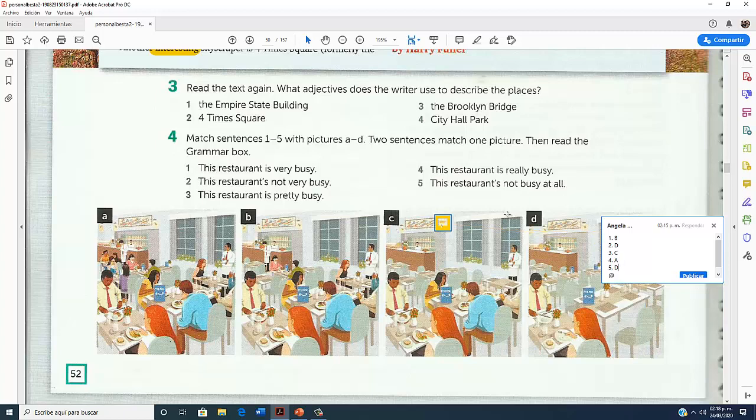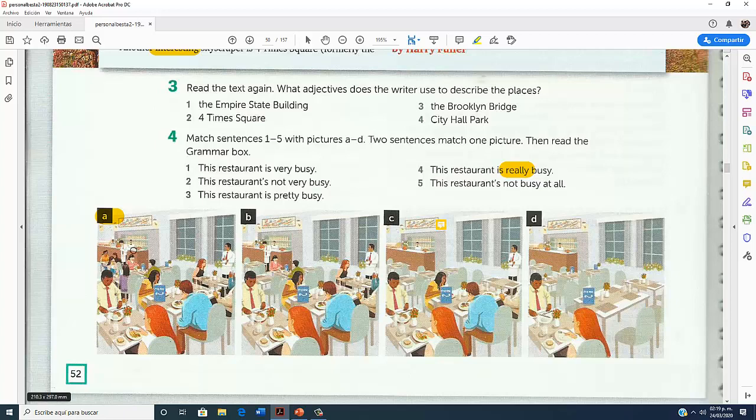So one more time, look at the difference here. Look at the pictures and the sentences so that you can notice how we use these words. We are going to start with letter A. This restaurant is really busy. Look at the number of people. There are a lot of people. In letter B, we don't have the same number of people.